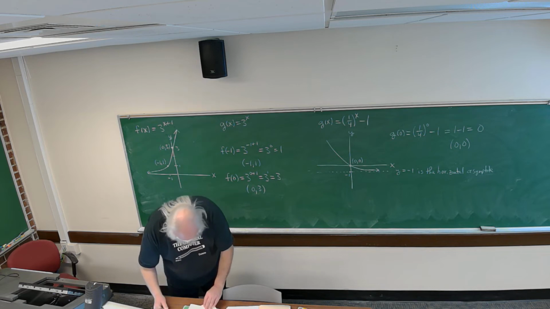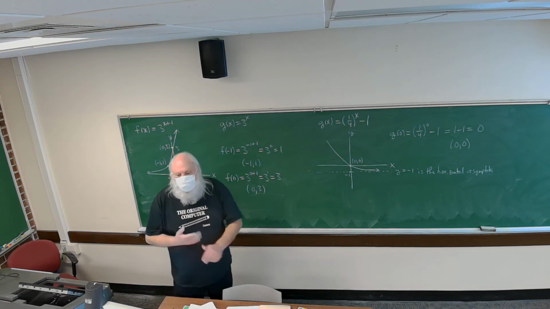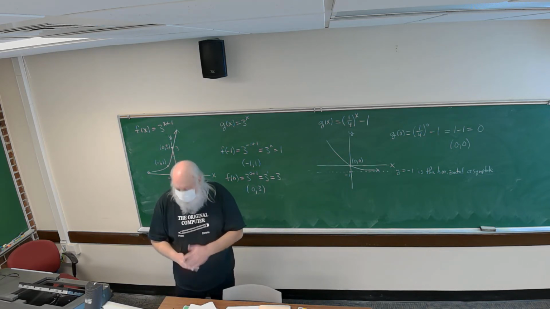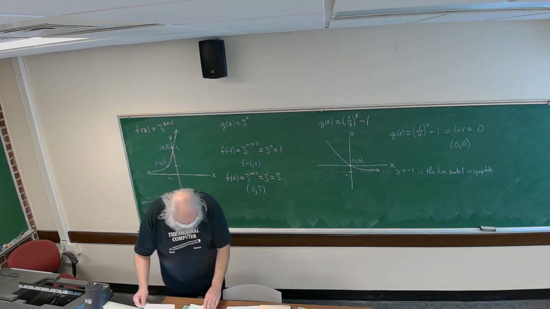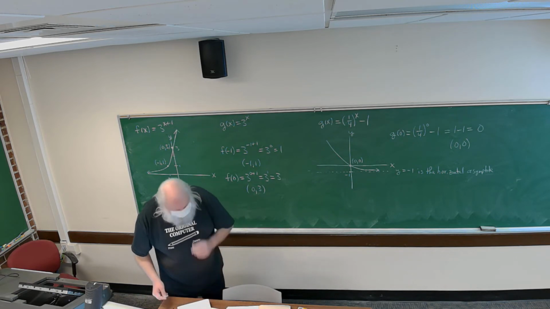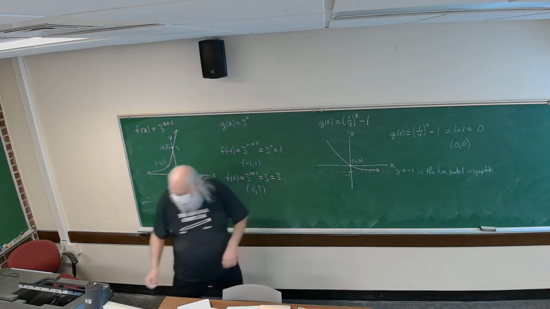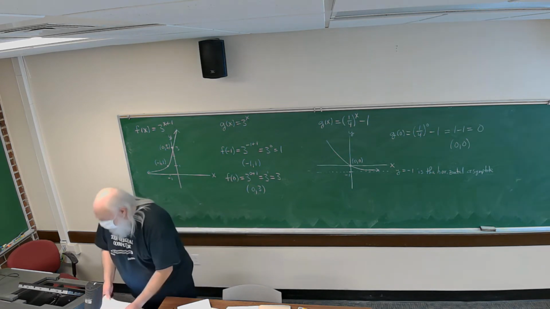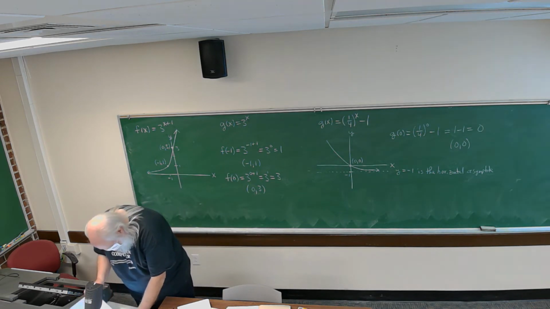All right. Any other questions on these two graphs? All right, so you flip over to page 3. We're going to learn about a very special exponential function called the natural exponential function.